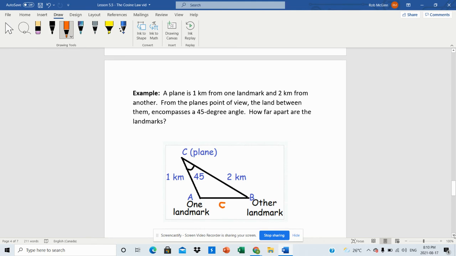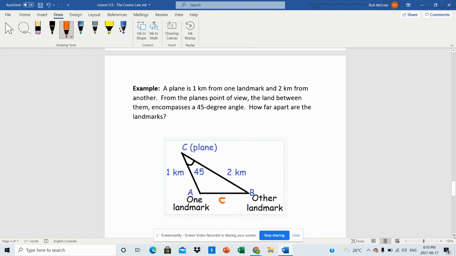A plane is 1 kilometer from one landmark and 2 kilometers from another. From the plane's point of view, the land between them encompasses a 45-degree angle. How far apart are the landmarks?